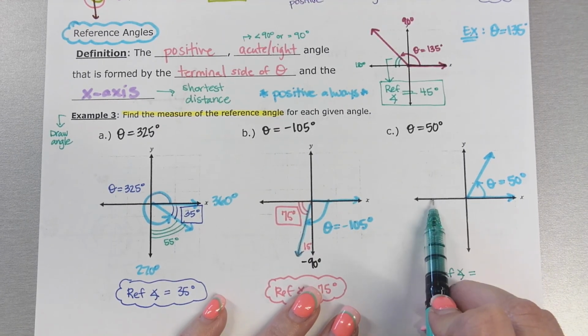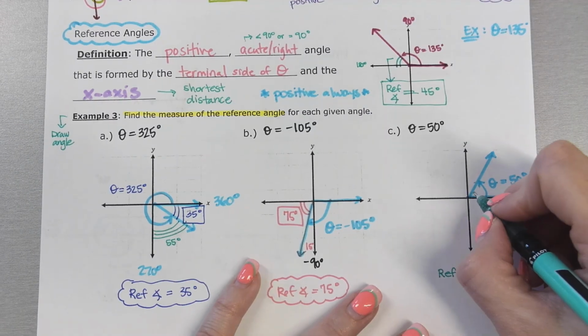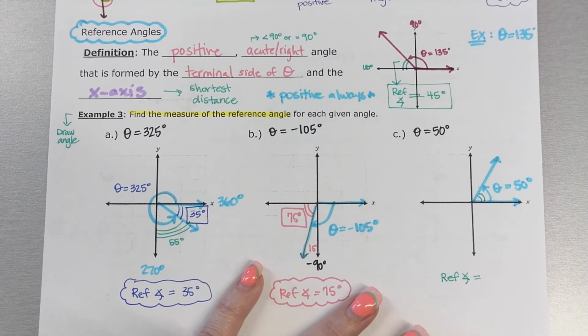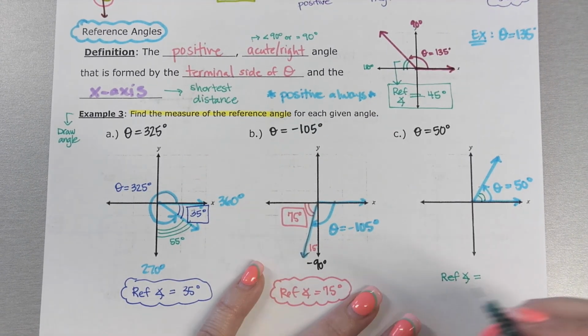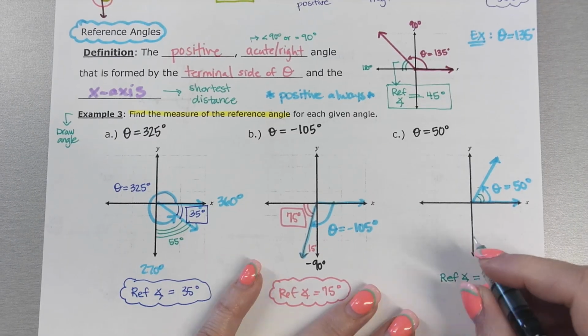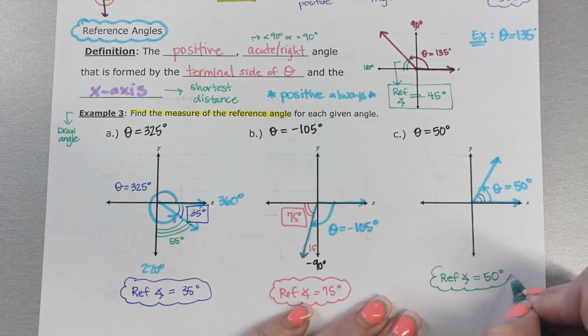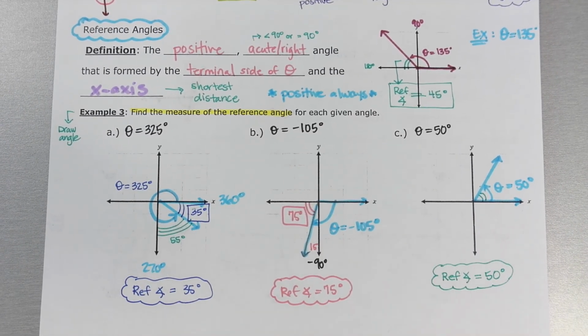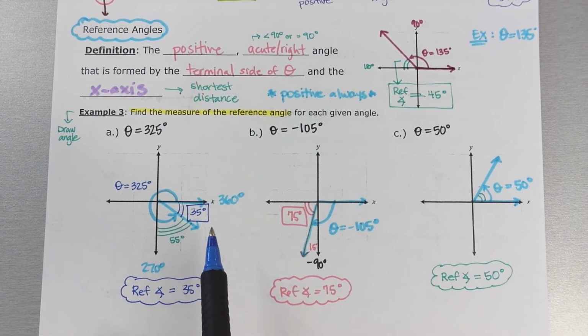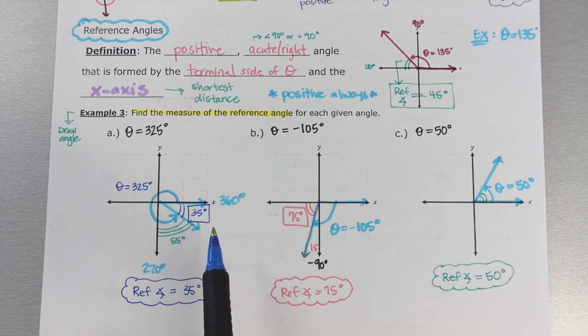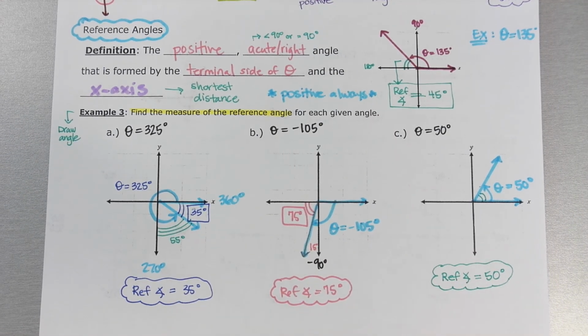Because you'd be crossing over the quadrant. So the shortest distance is what? 50 degrees. So in this case, your reference angle is the same as theta. That's always going to happen when your angle is in quadrant 1. It's less than 90. That's what will happen.